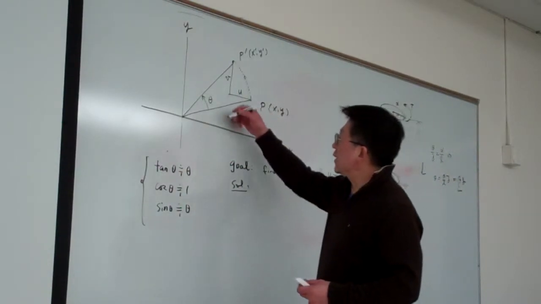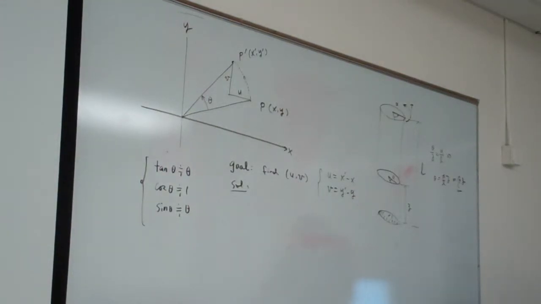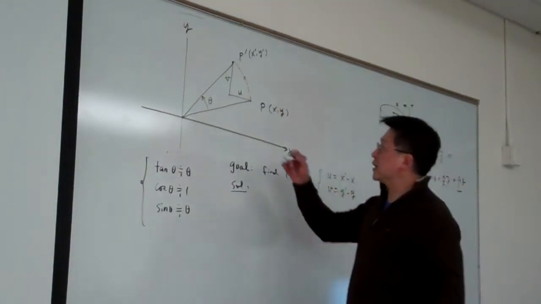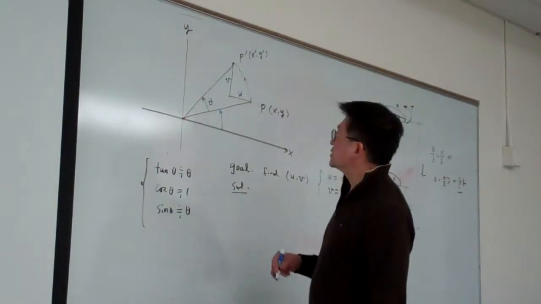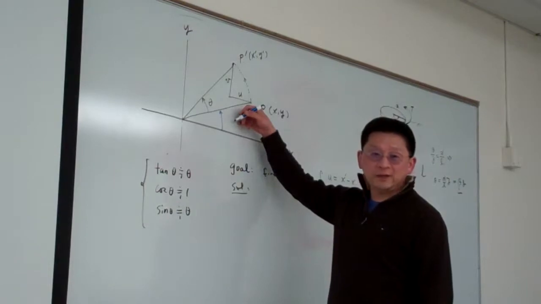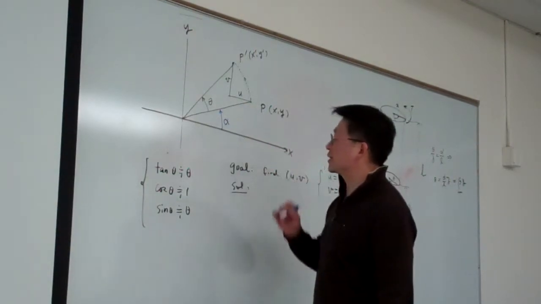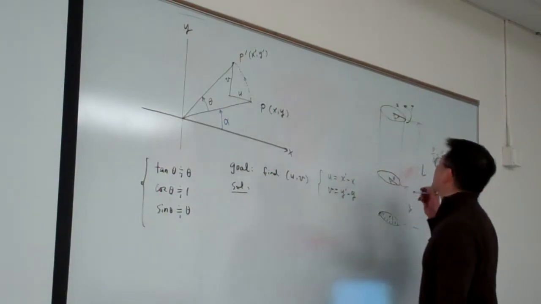And to utilize this, let me pick two redundant pieces of information to help us. So say the first one, let me call this angle, following my lecture notes, please. In my lecture notes here, I simply designate it as alpha.